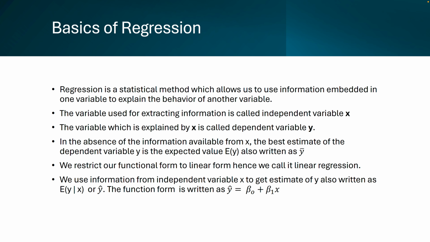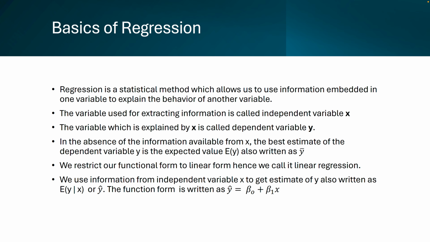Now we are going to use the information embedded in this independent variable x to get the estimate of y. The estimate of y can also be written as y hat or the expected value of y conditional on x.